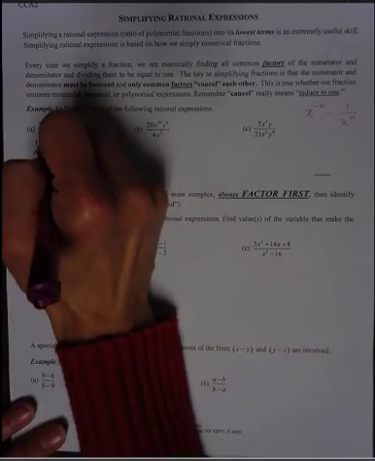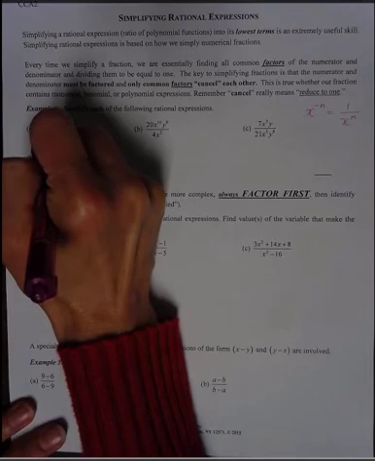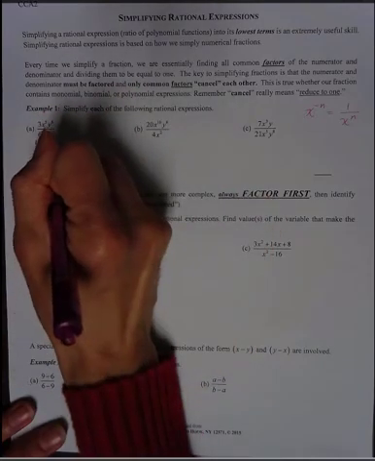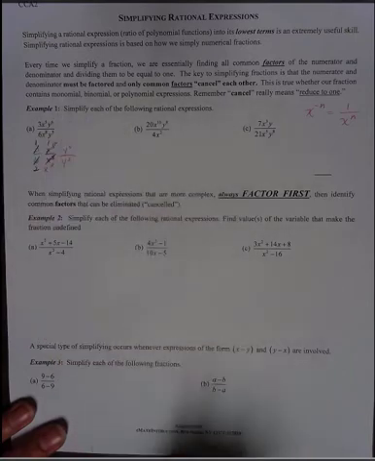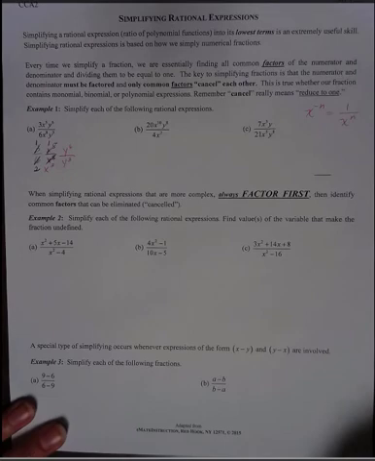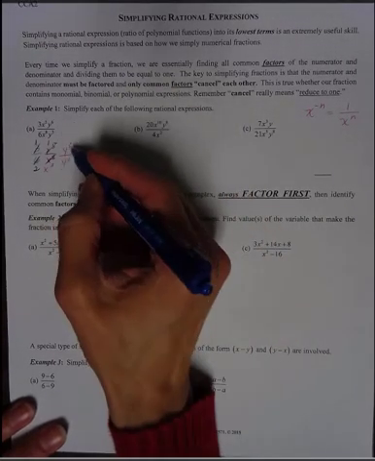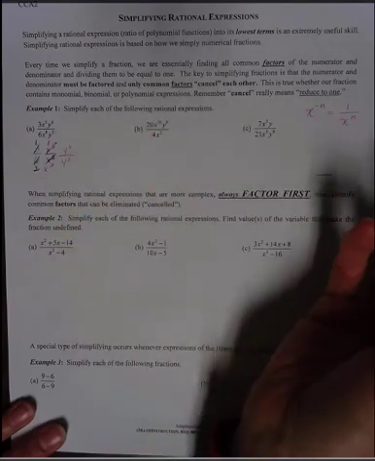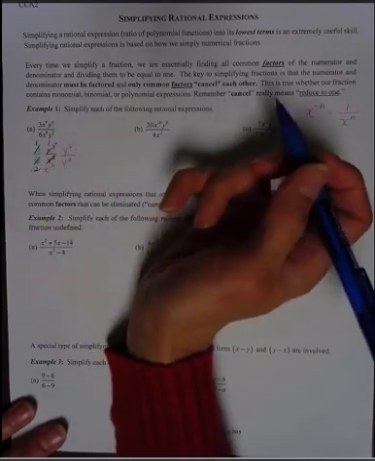So in this case, I can say, okay, well, x to the 5th goes into x to the 5th 1 time, and x to the 5th goes into x to the 8th, x to the 3rd. So you can think about it as whatever the power is. If this is a 6, this is a 3, wherever the power is bigger, that's where you're going to leave it. Here it was bigger in the denominator, so we left x cubed in the denominator.